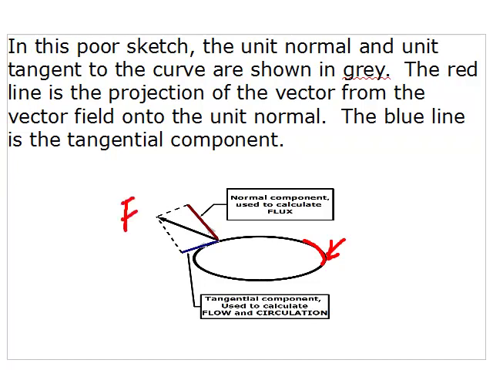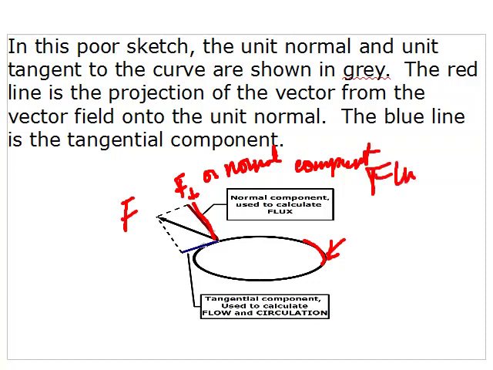Now, the component that's perpendicular, which hardly looks perpendicular here, this perpendicular or normal component, if we integrate that, we get the flux. When we integrate the tangential component, remember that tangential component is going to be different at every point here because it's tangent to the curve.